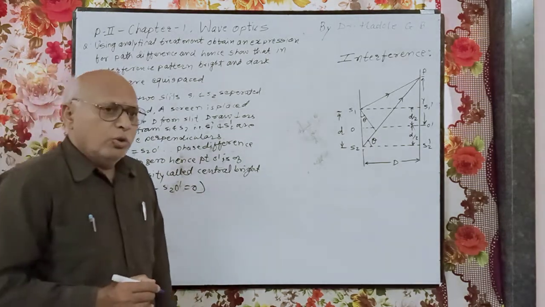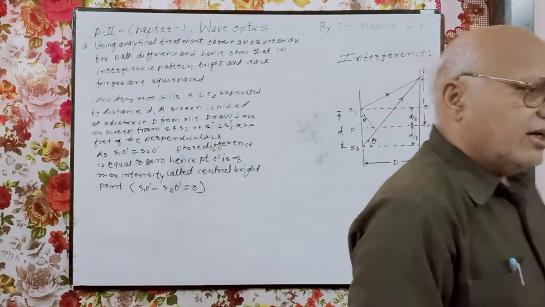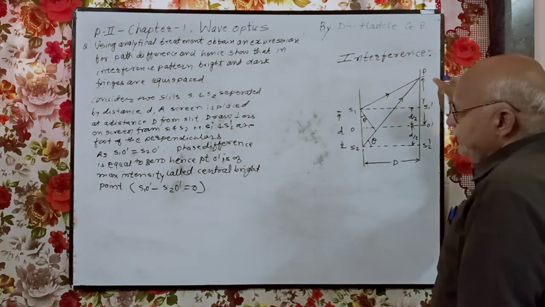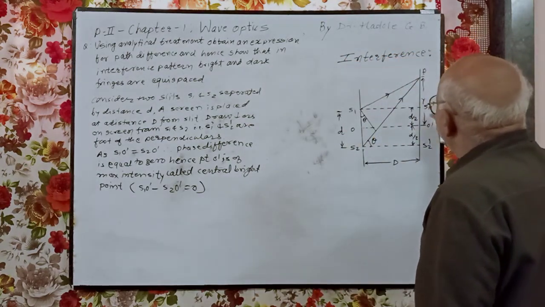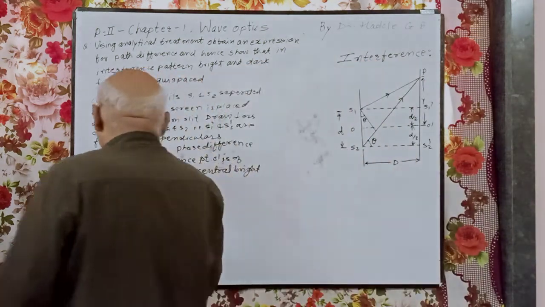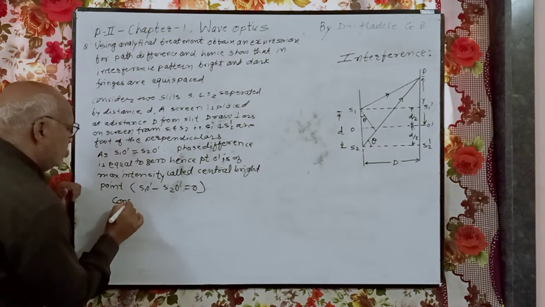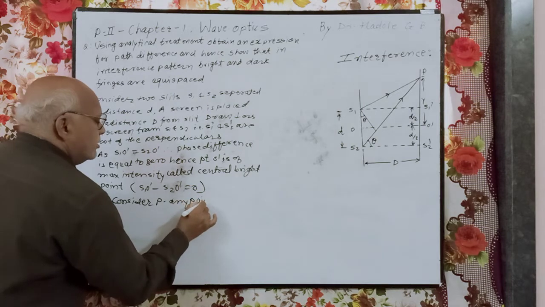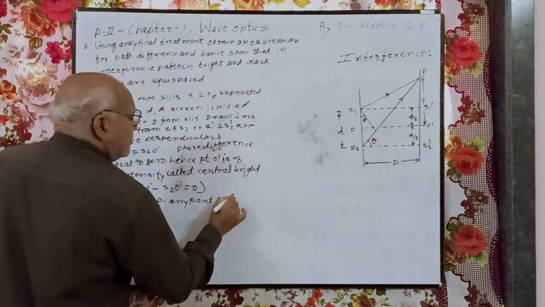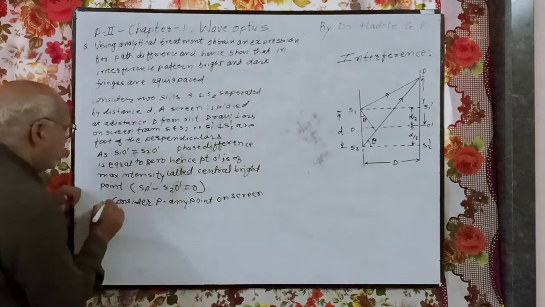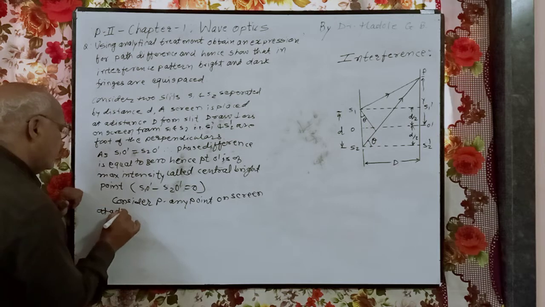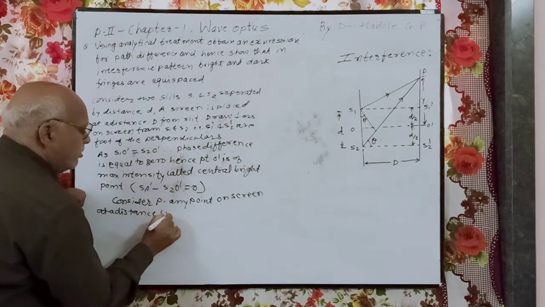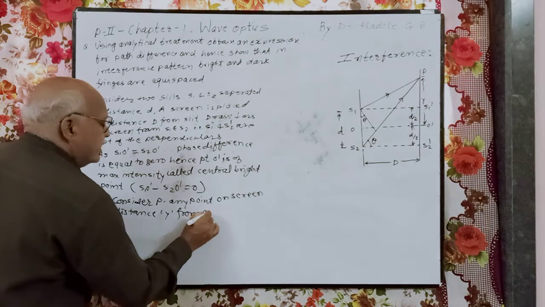Now, to know how the bright and dark points are formed on the screen, let us consider any point P on the screen at a distance y from the central bright point.